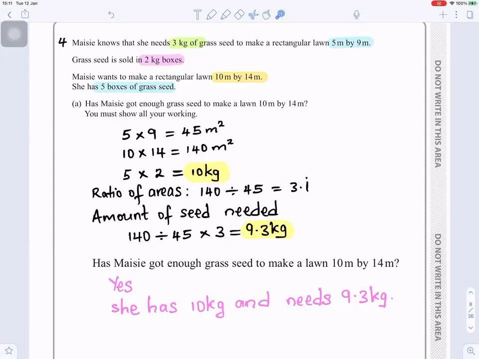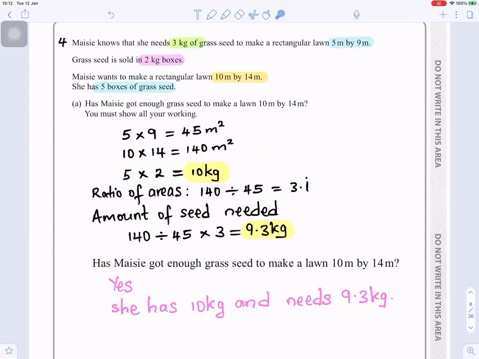So the way we want to do it is we want to do 5 times 9. It gives you 45 meters squared. And then for the rectangular lawn, 14 times 10. It gives you 140 meters squared. And we want 5 times 2, which will give us 10 kilograms.